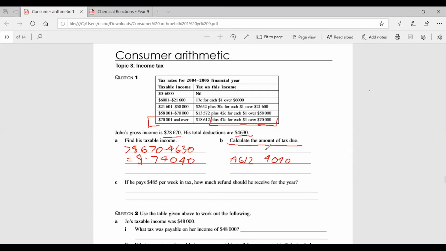You're on the right track. What are we timesing this by? We times it by 0.47. Exactly, times by 0.47.